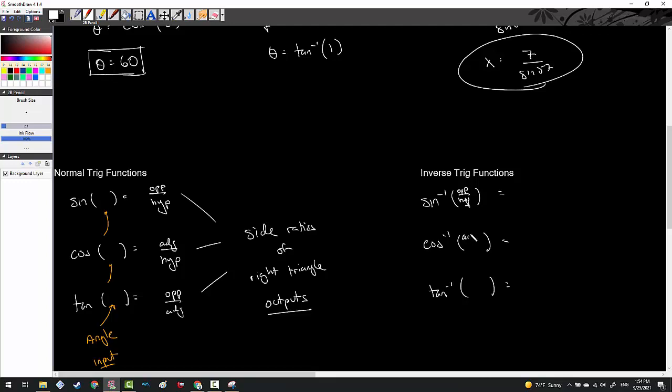Inside the cos inverse will be the adjacent over the hypotenuse. And inside the tan inverse is going to be the opposite over adjacent. And every single time, your output will always be an angle. Your input is the side ratio.